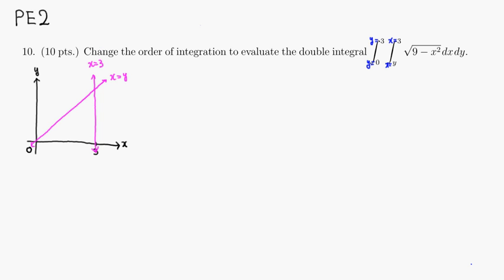So this is 3 right here, and y equals 0 is right here. So we're looking at this triangular region right here.